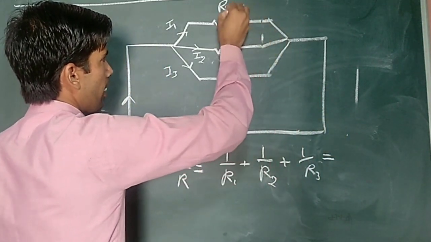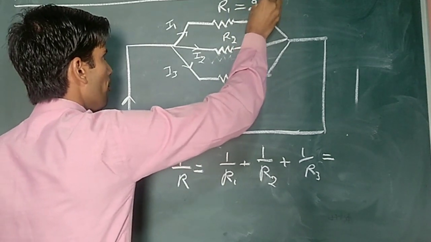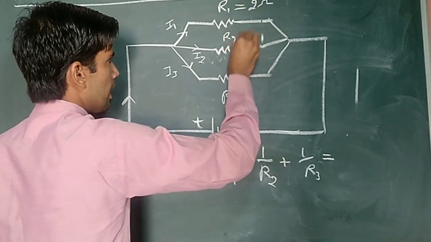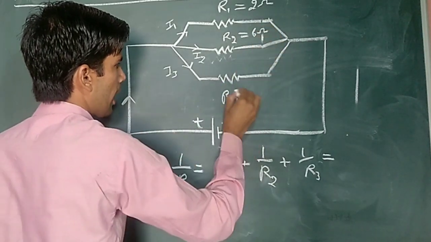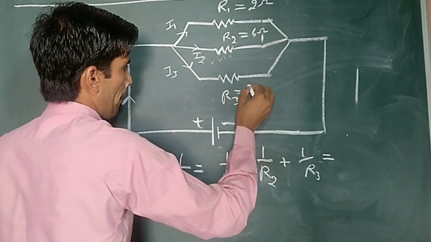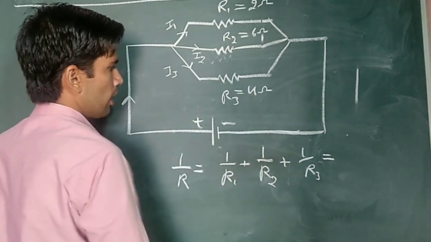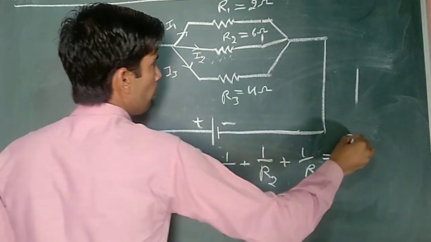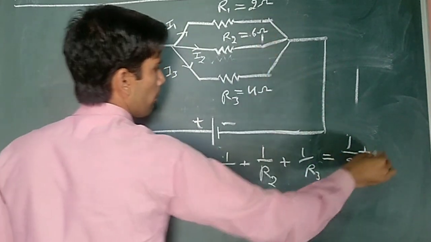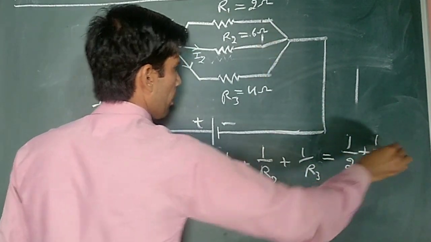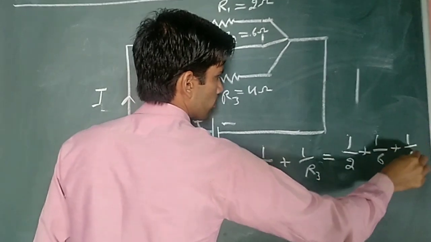For example, here R1 is 2 ohm, R2 is 6 ohm and R3 is 4 ohm.